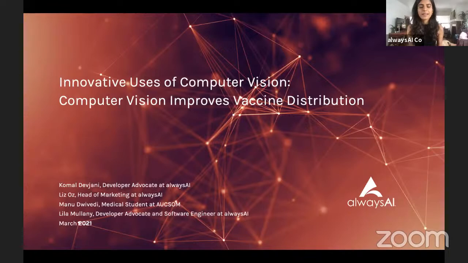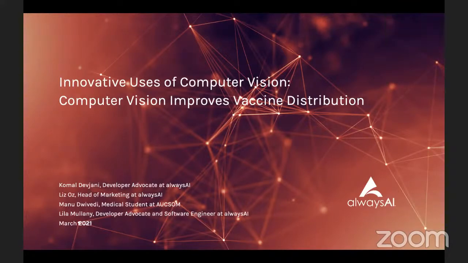And we as an organization wanted to address how our technology can provide some solutions to this problem and help expedite and optimize the process of vaccine distribution.